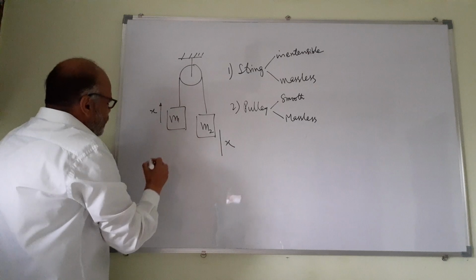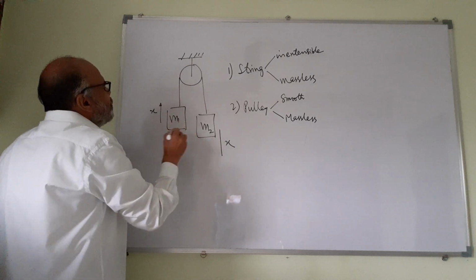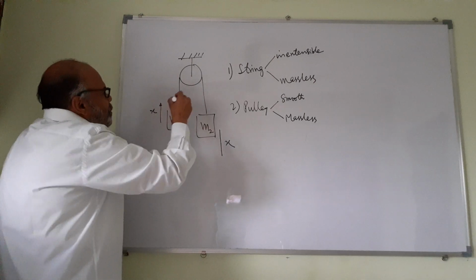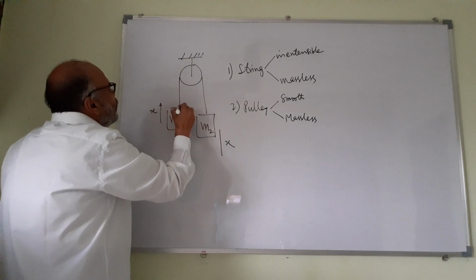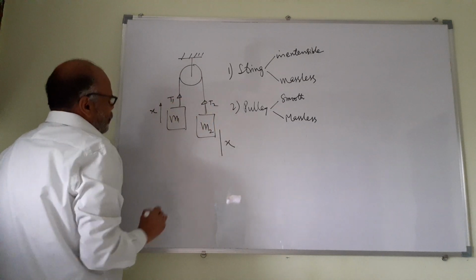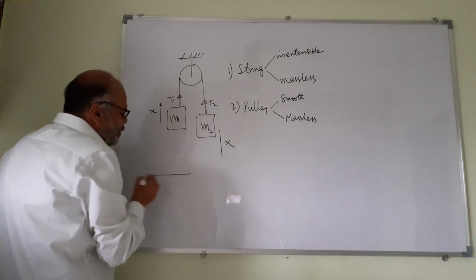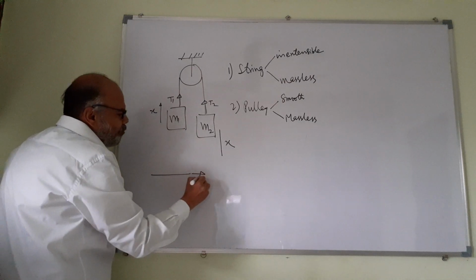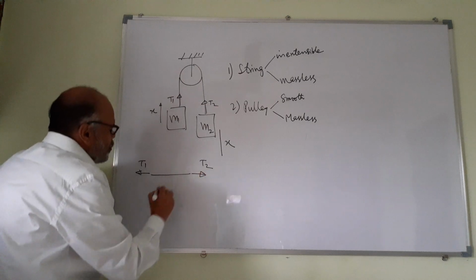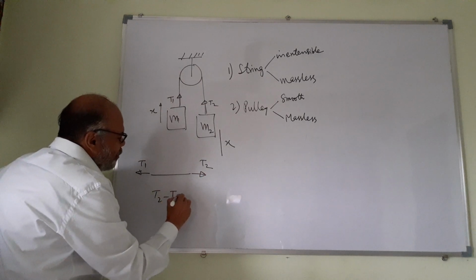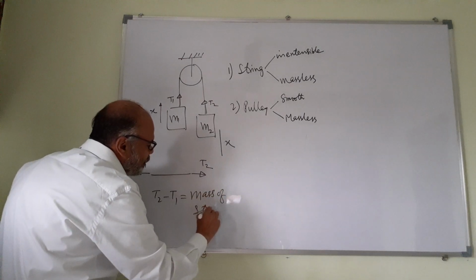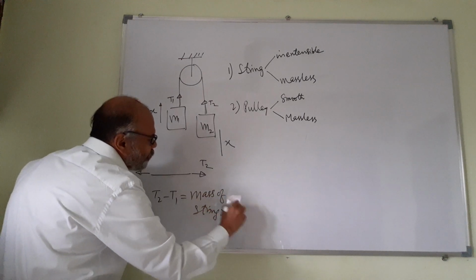Then another thing is, if the tension here is T1 and the tension here is T2, for the string, if you lay it straight, it is T2 and T1. Now, T2 minus T1 is mass of the string into the acceleration by Newton's second law.